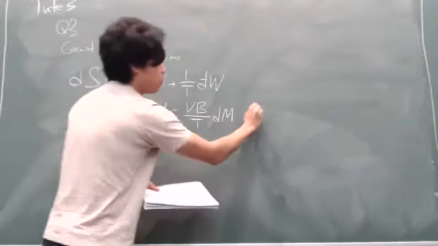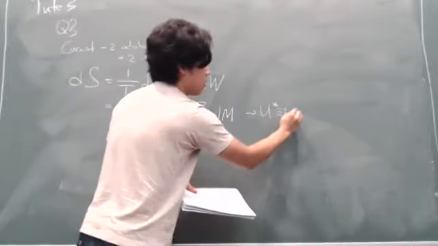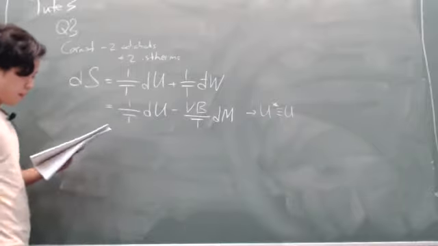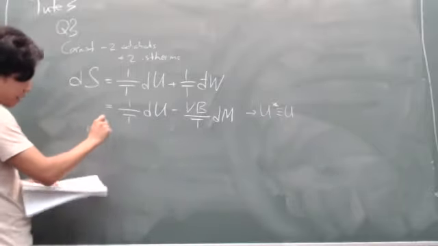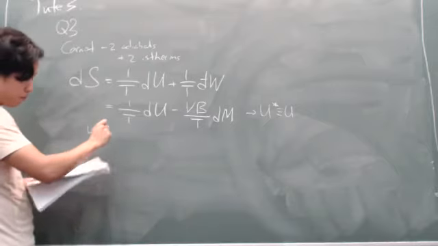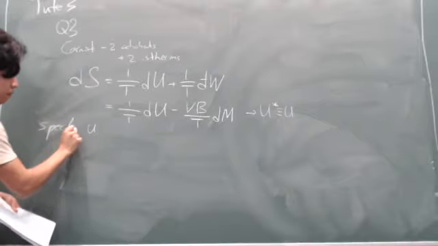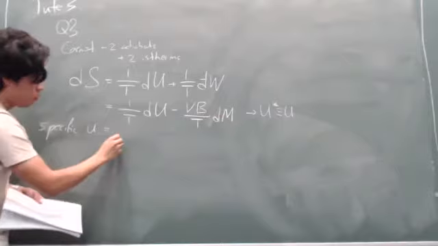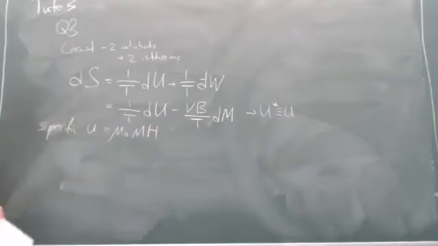So I think this corresponds to my internal energy being the U star representation. Okay, and in that case, since I picked that internal energy, my specific internal energy, little u, using that definition, would be mu naught times m times the auxiliary field h.